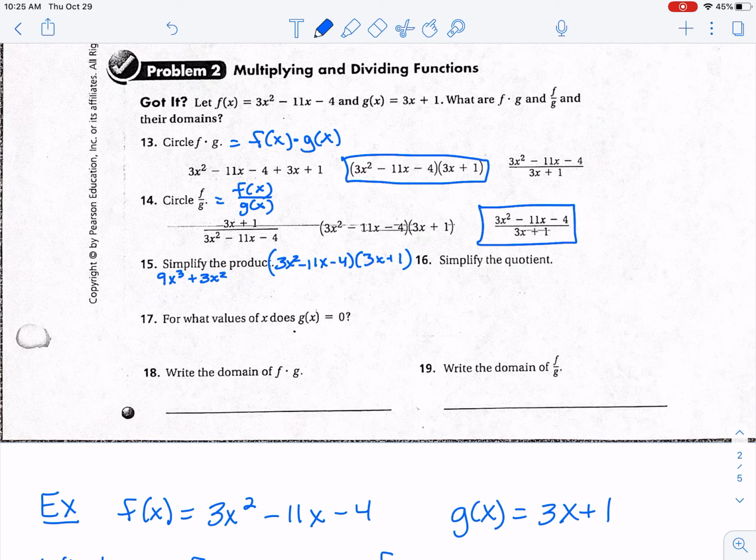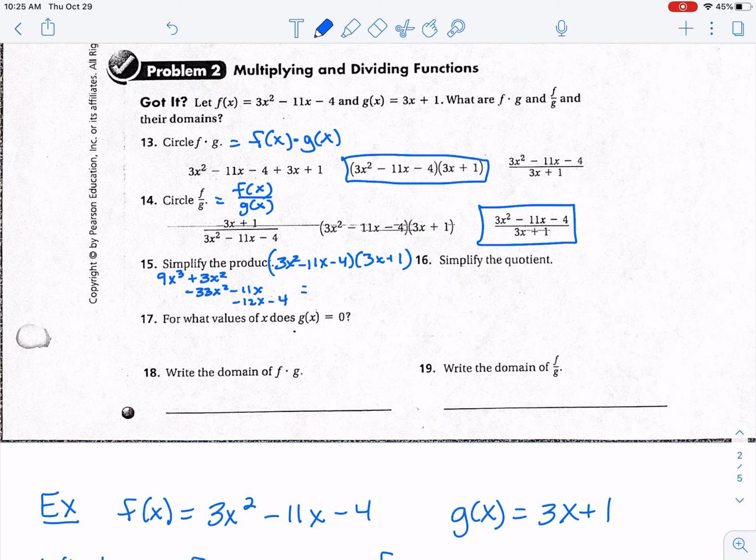Now take negative 11x times the binomial. Negative 11x times a 3x is a negative 33x squared. Negative 11x times 1 is negative 11x. Take the negative 4 times the entire binomial. You get negative 12x minus 4.